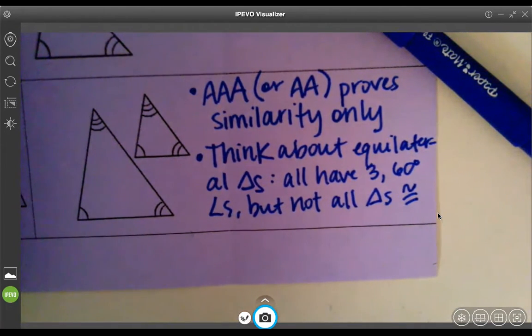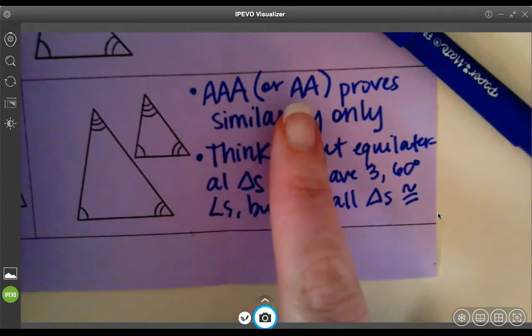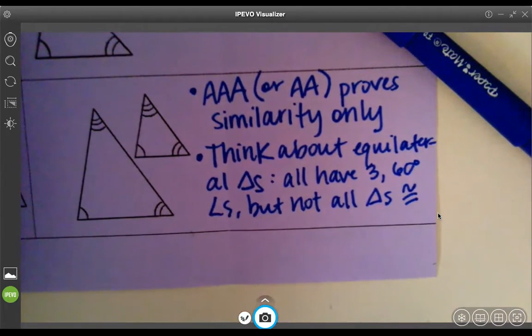Even if I don't have numbers for those two, if I know they match each other, there's still only one number that exists that's going to make the total 180. So it has to be the same in both triangles. So you'll see it written both ways. Three angles, two angles, AAA, AA. They're both exactly the same thing. And that only proves similarity.